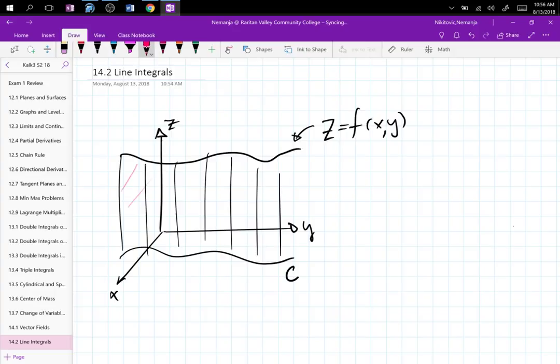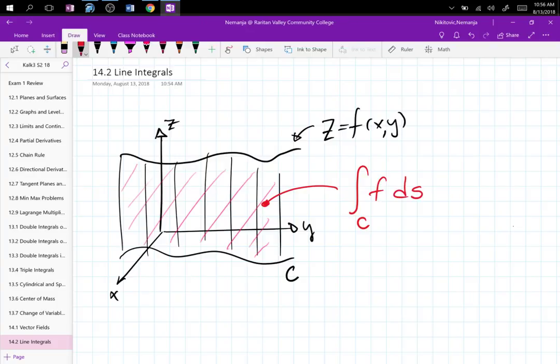The area of this curtain is going to be given by the integral over the curve C of the function f, and then we parametrize this with the arc length, the arc length for the line C. We are going to use parametric equations to convert this ds into dt.